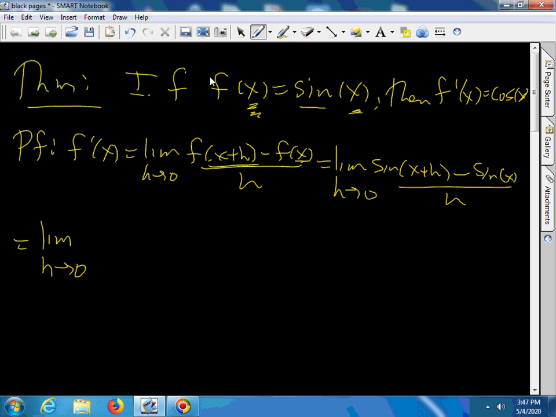And this is equal to the limit as h goes to 0 of the sine of x plus h. And we're going to use the sum rule for sine. So it is the sine of x times the cosine of h plus the cosine of x times the sine of h.